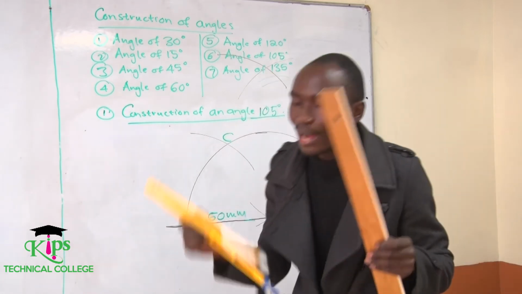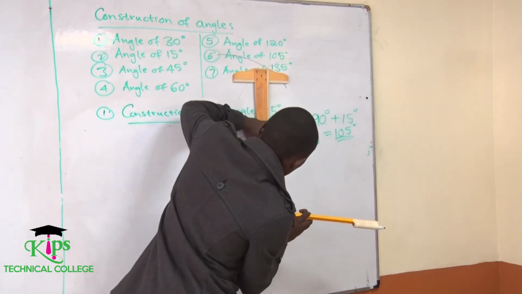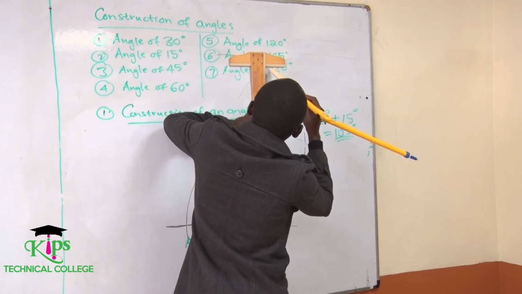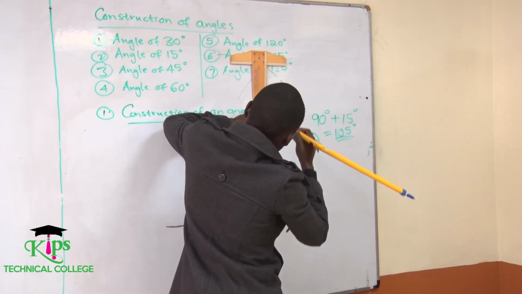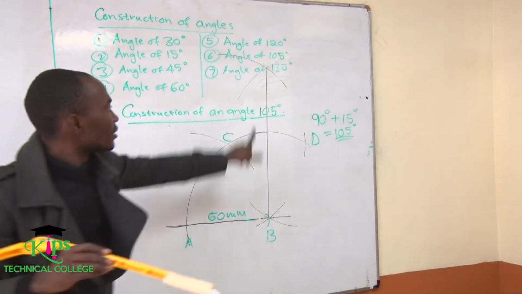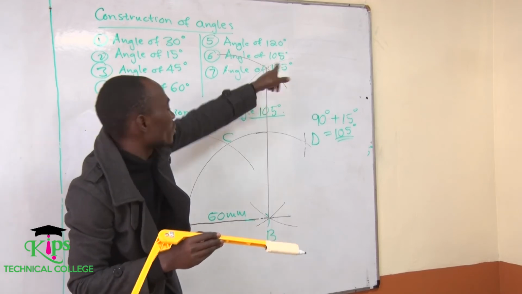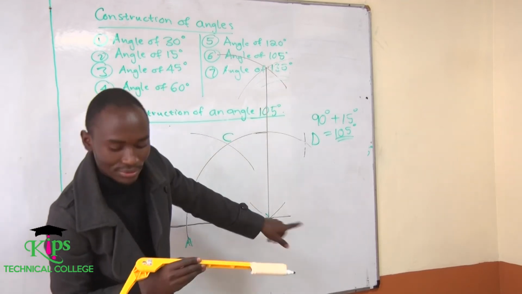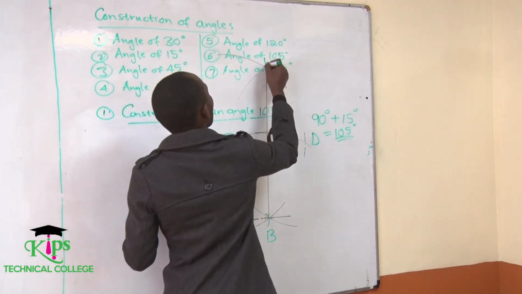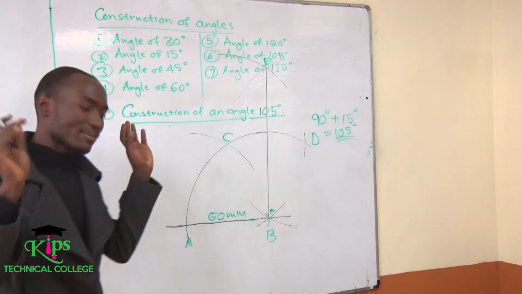So I will take up my pencil like this. Then join at the intersection of this point and the intersection of these 2 arcs. Let me call those points E and F, where they have intersected.